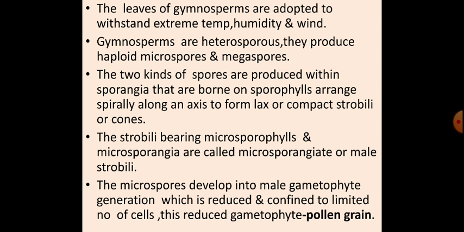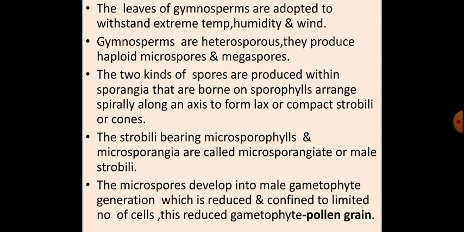I hope you understood. The spores are produced in the microsporophyll. Microsporophyll will form a structure called microsporangiate. These microsporangiate will release the male gamete called pollen grain.